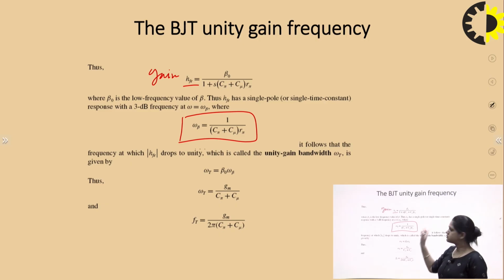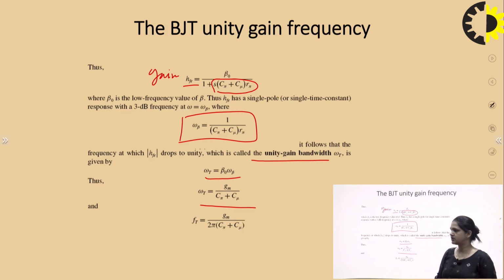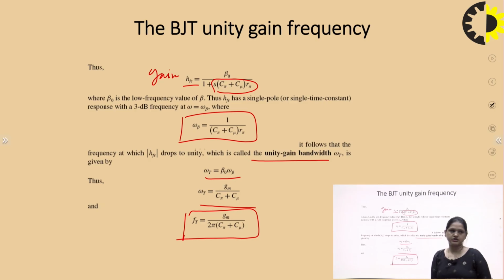If we compare this with the single time constant circuit, then the 3 dB frequency omega beta can be calculated from this expression, and that is equal to 1 upon (C pi plus C mu) into R pi. And from here you can calculate the unity gain bandwidth, which is equal to the gain at low frequency multiplied by omega beta, the 3 dB frequency, and from this omega T can be given as GM upon (C pi plus C mu), and from here you can calculate the FT. So this is how you can calculate the unity gain frequency of the amplifier.